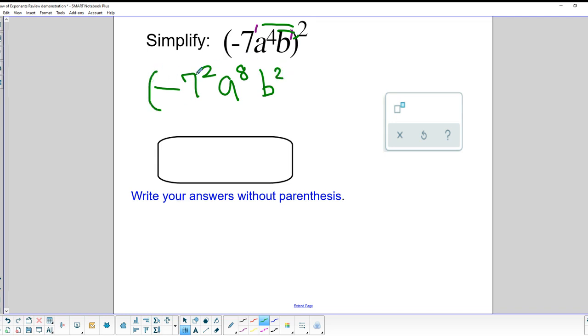And then this negative 7 is still in parentheses over here because we haven't actually done the squaring on it, but negative 7 to the second power is going to end up being 49, because negative 7 times negative 7 is positive 49. And then we have a to the 8th and b to the second. So that's what that one would look like if we use the exponent to an exponent rule.